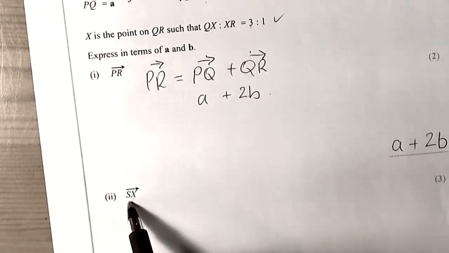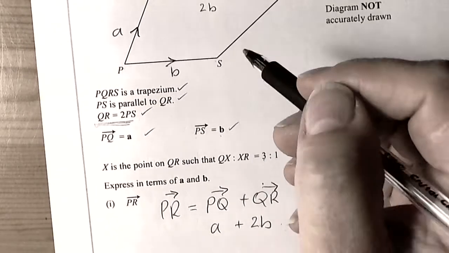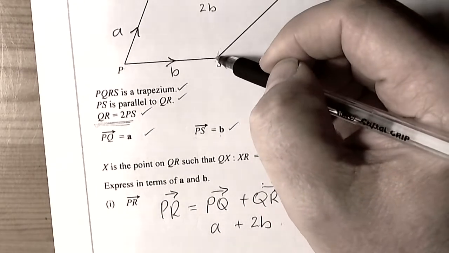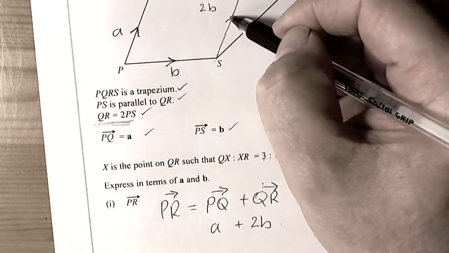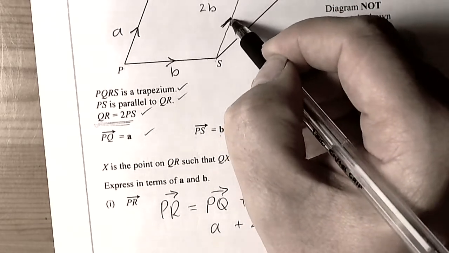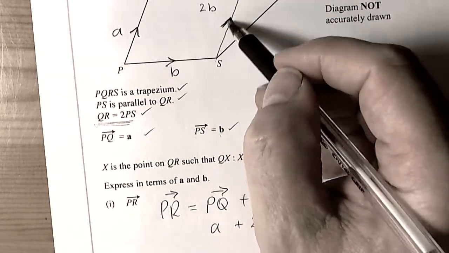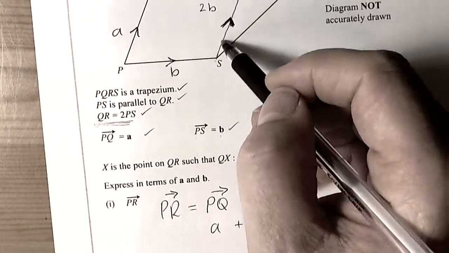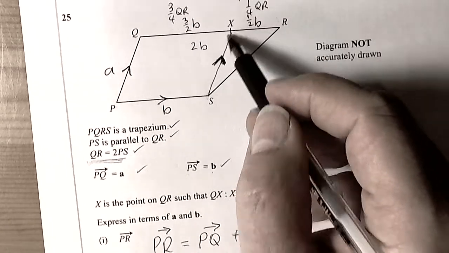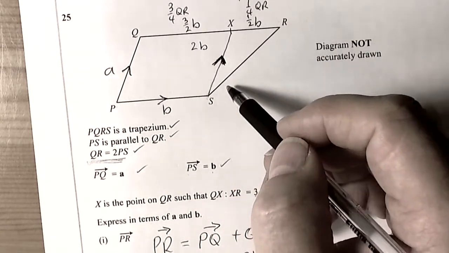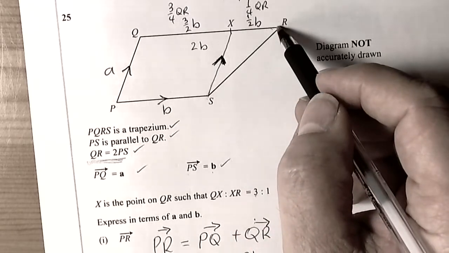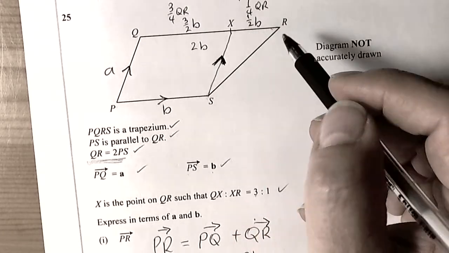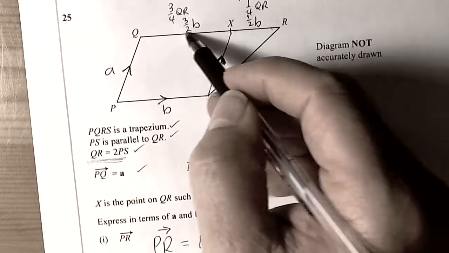They then want us to do the journey S to X. Well, let's have a look. If I'm going from S to X, then the journey I need to do is that one. Now, because of the way vectors work and their resultant, I can go any way I like to get from S to X. The answer for S to X will be the same whichever journey I take. So I could go along SR and then back to X, or I could go there, there, and there.